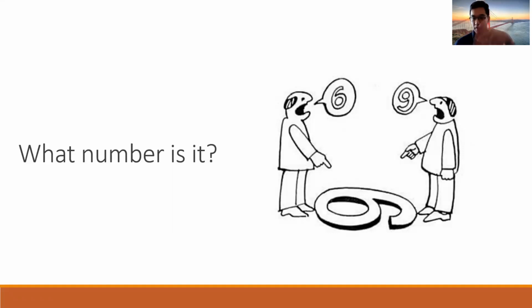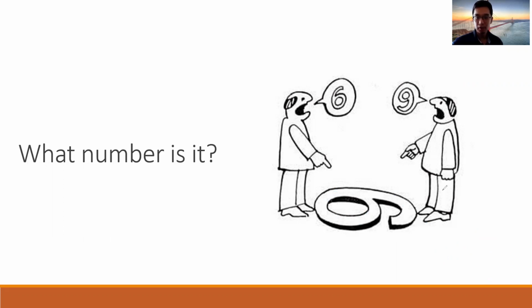So one person says, "Oh, that's the 6," because this is the top of that number. So that's a 6 on the ground. That makes sense. But the other person says, that's a 9.